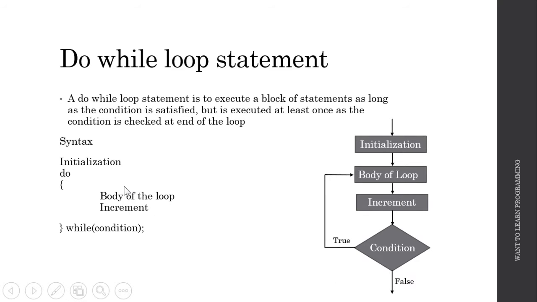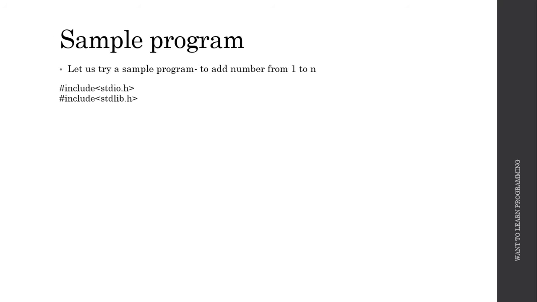Let's look at a sample program. In this sample program, we will add numbers from 1 to n. So let's first include our two header files, stdio.h and stdlib.h. Next, int main. Next, for adding numbers from 1 to n, we need three variables.